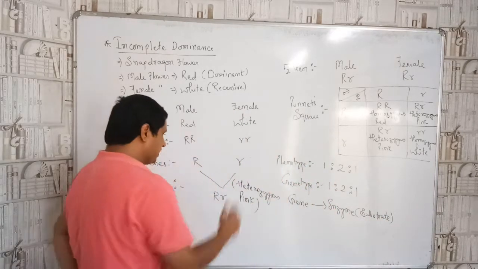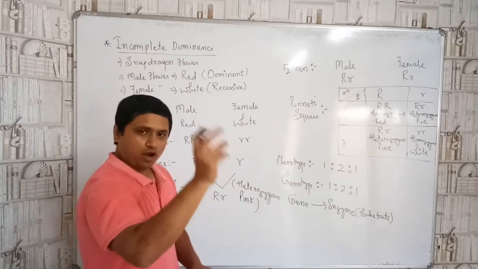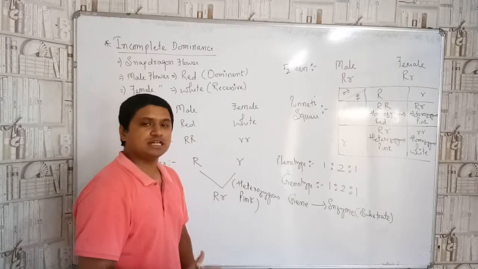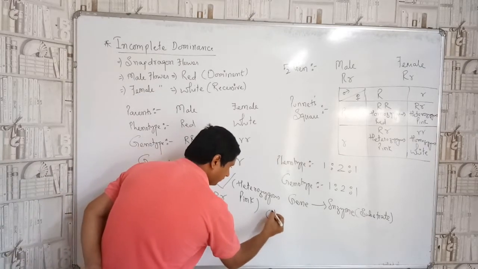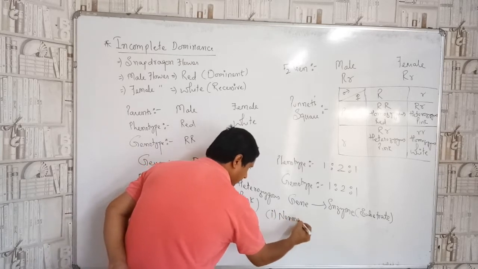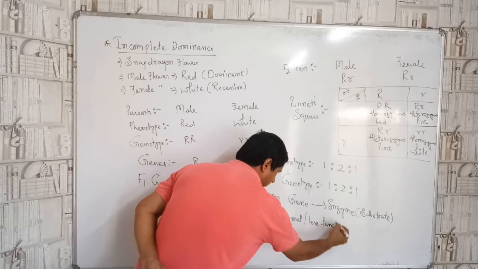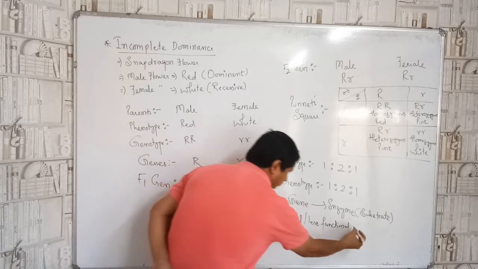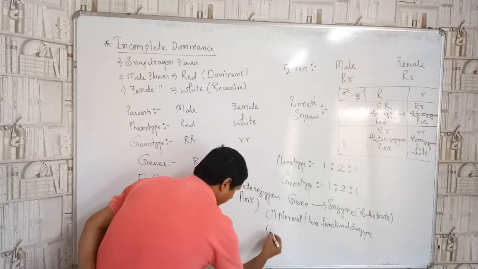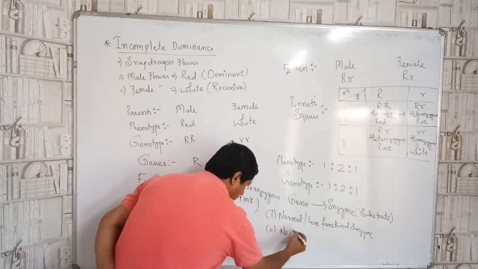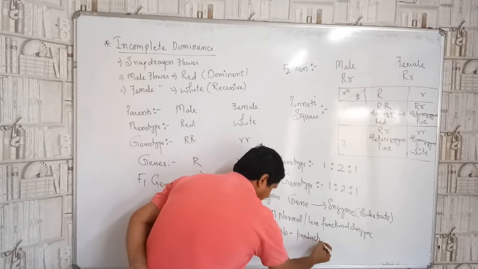Okay, now for a particular substrate there are 3 possibilities by which the enzyme works. The first possibility is a normal enzyme, or we can say a less functional enzyme. The other one is no production of enzyme.